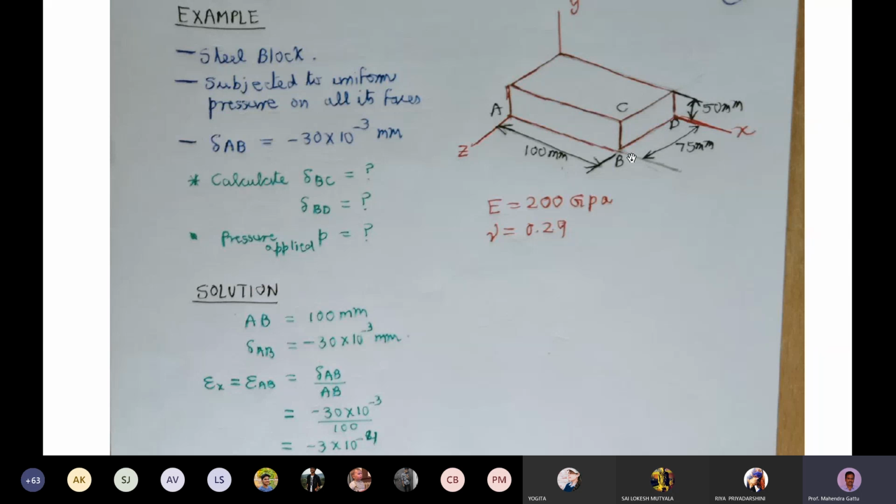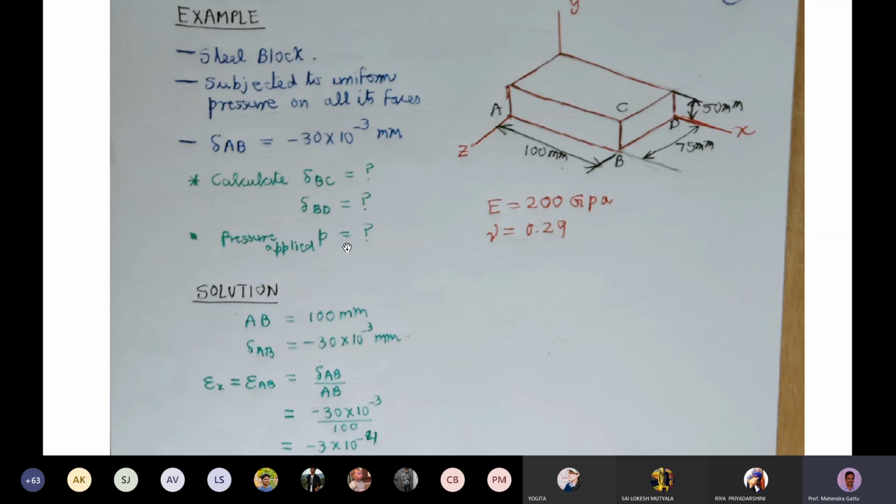So due to the hydrostatic pressure, this block will shrink in volume. The shrinking in length AB is given as delta AB, which is minus 30 into 10 power minus 3. What we are asked to find is the shrinking in the height, that is delta BC, and the shrinking in the width, that is delta BD.